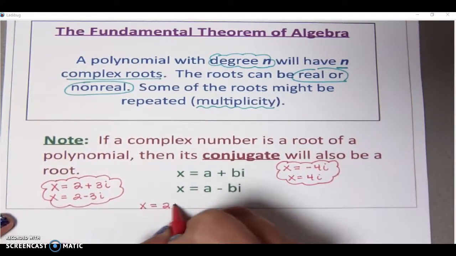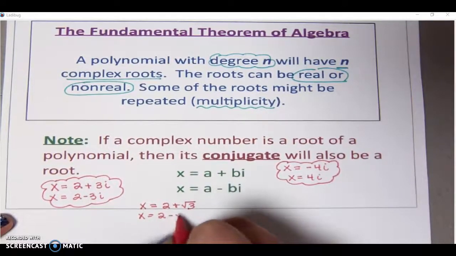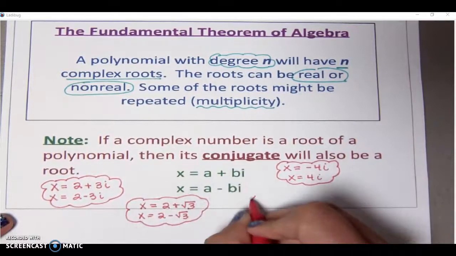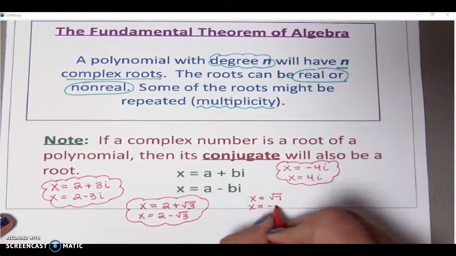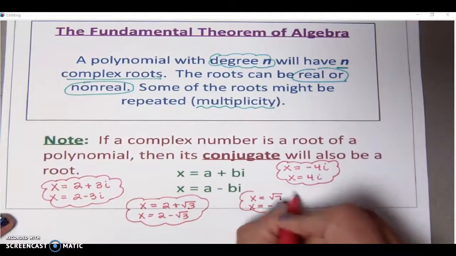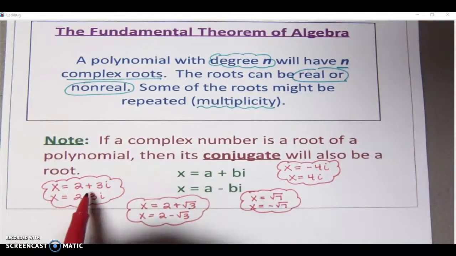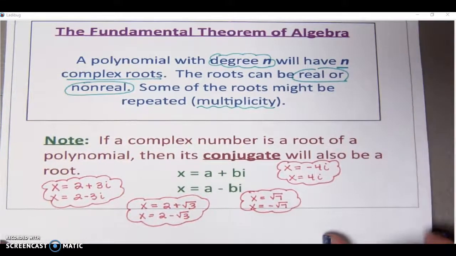If we have 2 plus the square root of 3, we will also have 2 minus the square root of 3. Or if we have the square root of 7, we'll also have x equals negative square root of 7. So imaginary numbers and square roots come in pairs, so they come with their conjugate. It's just the opposite sign, but they always come together.